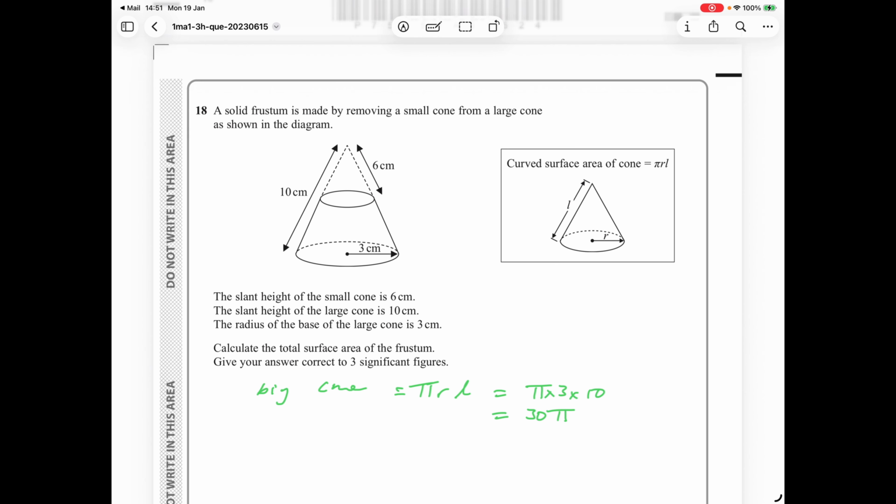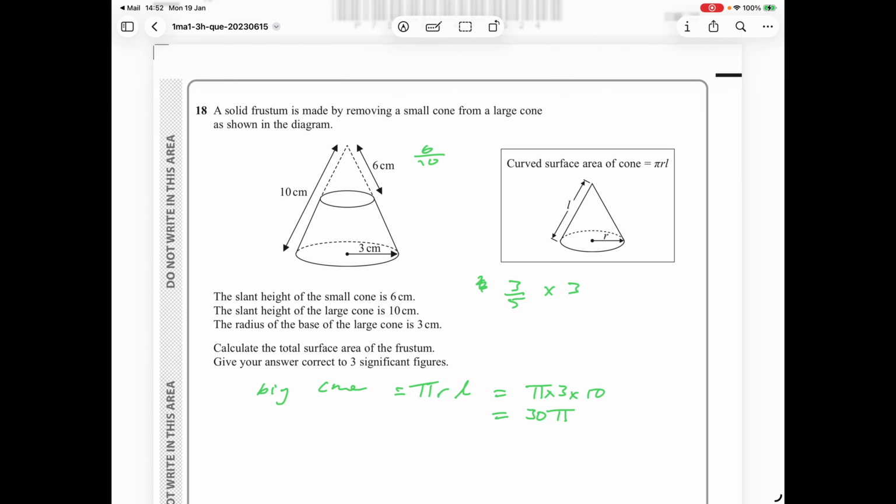Now, we know the little cone is 6/10 of the big cone in terms of its scale factor. So what's 6/10 or 3/5 of 3?